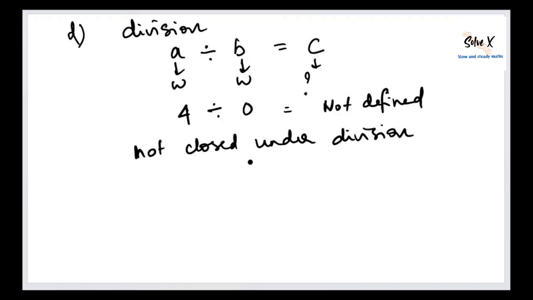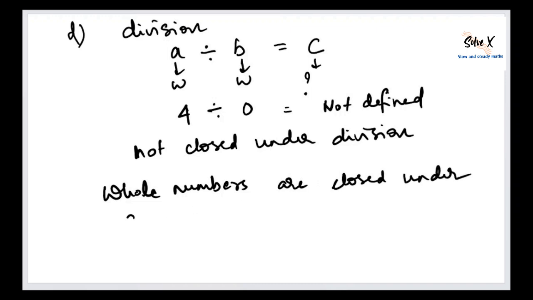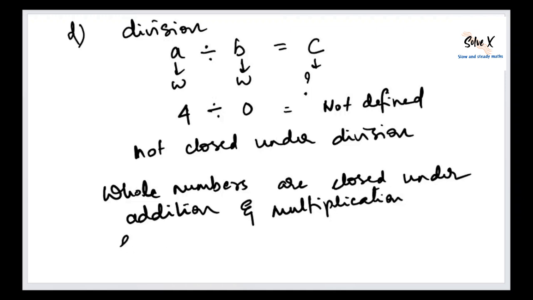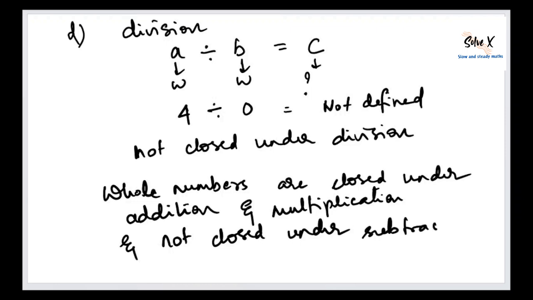So simple. By the closure property, we can say that whole numbers are closed under addition and multiplication, and not closed under subtraction and division.